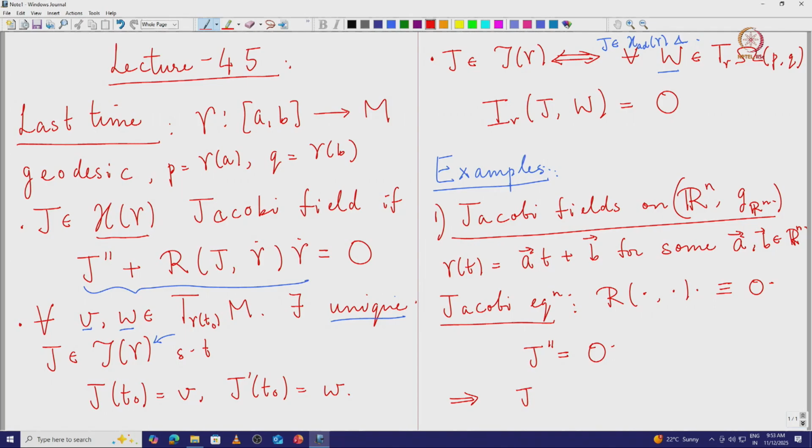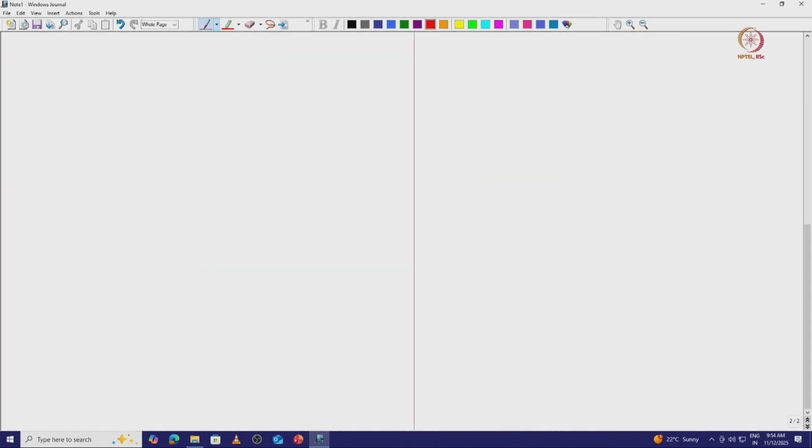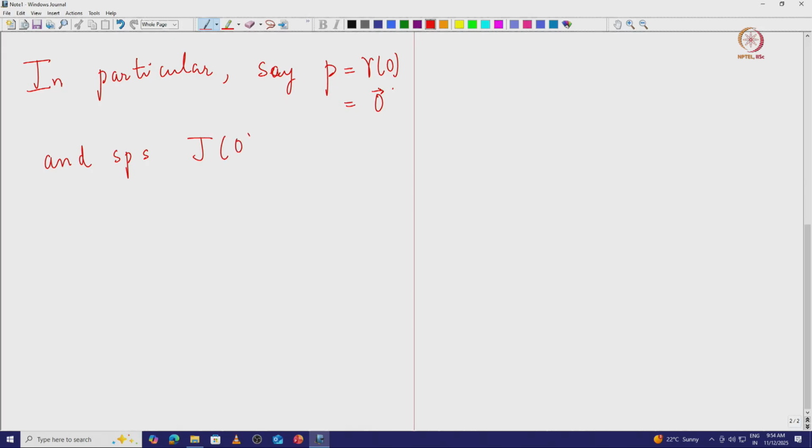So this implies that j of t itself is given by some lambda t plus mu, where lambda, mu are in R. In particular, if you look at the Jacobi field which vanishes at the initial point, say our initial point P is the origin, then your j of t is simply given by some lambda times t.